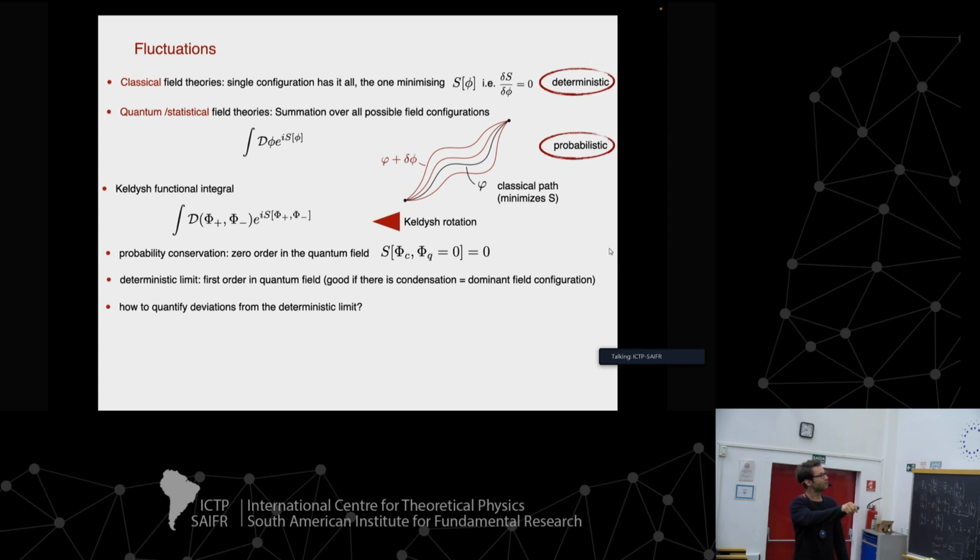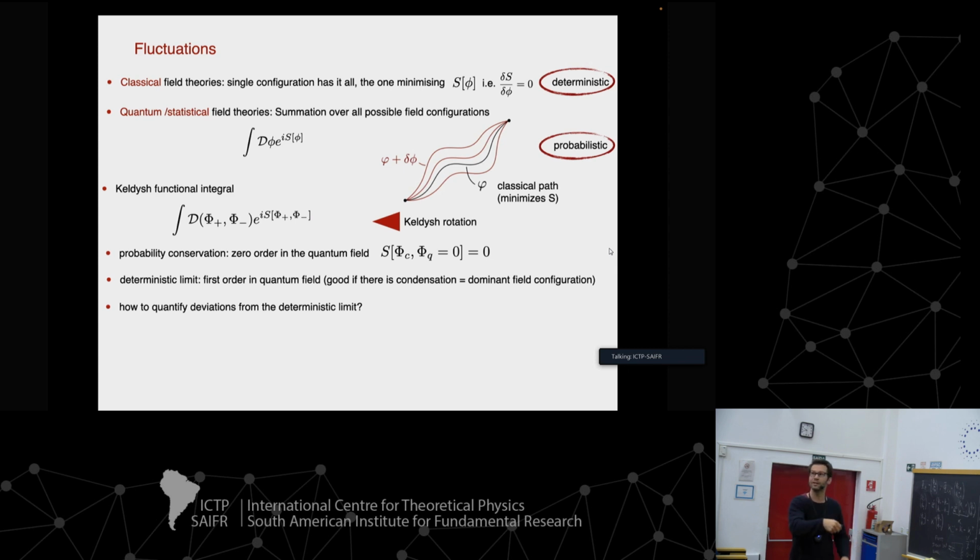And then we also learned that this Keldysh functional integral has a deterministic limit, a special limit in which really only a single field configuration contributes, and that we got it by expanding this action, formulated in classical and quantum fields, to first order.